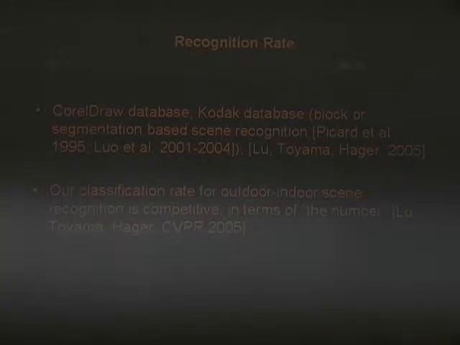You just treat these blocks as representations for indoor blocks or outdoor blocks. Given a new image, you cut it into blocks, and for each block you make a nearest neighbor classification. You decide whether this block is indoor or outdoor, then majority voting decides whether the image is indoor or outdoor.